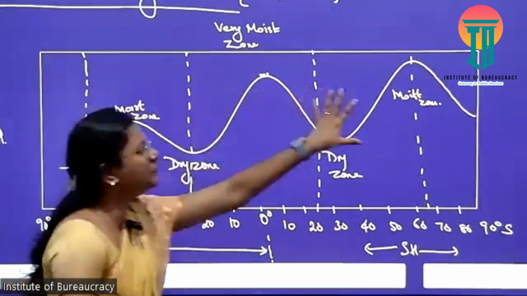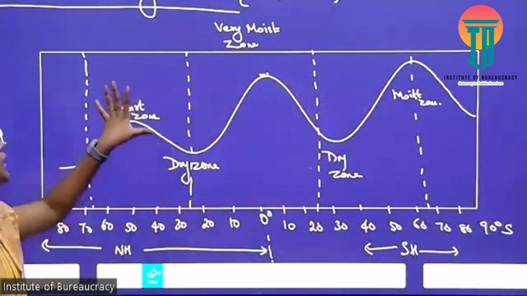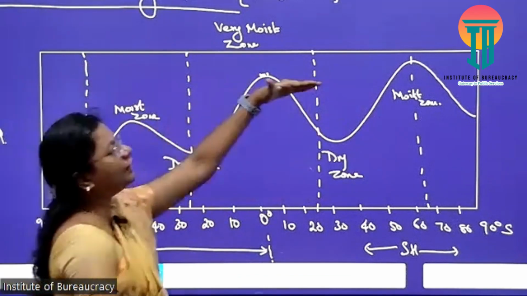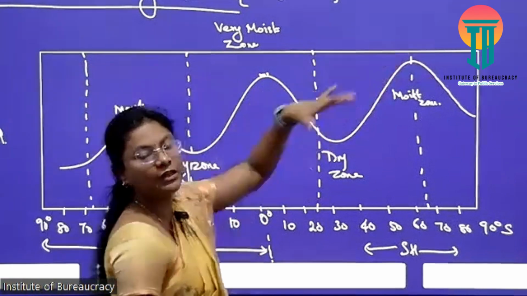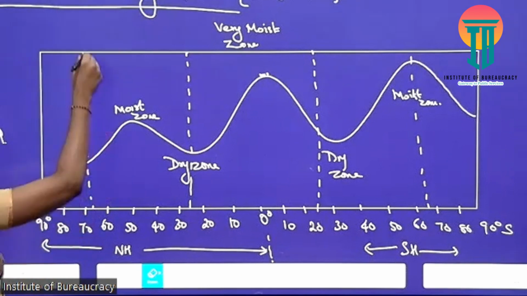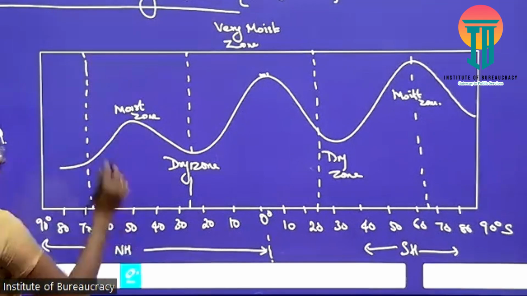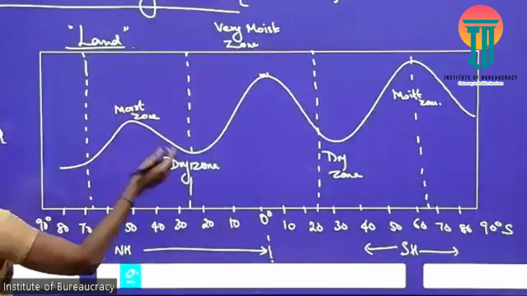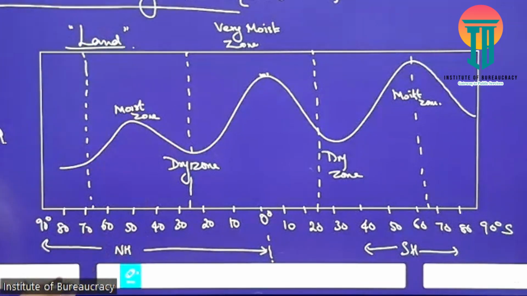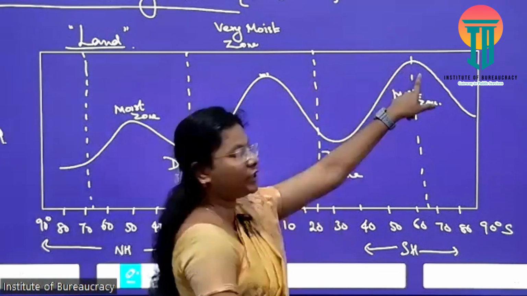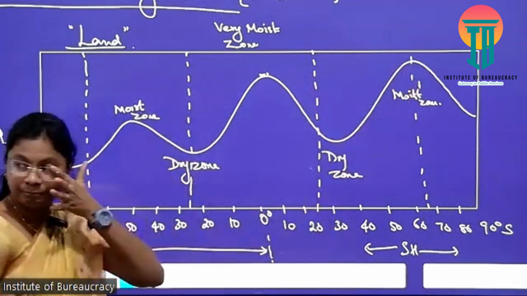Comparing northern hemisphere and southern hemisphere, why is the moist zone in the northern hemisphere relatively lower than in the southern hemisphere? What could the reason be? Land domination. When we say land domination, the rate of evaporation decreases at a specific latitude due to dominance of land. That is the reason; note that the graph is a little higher here than this.